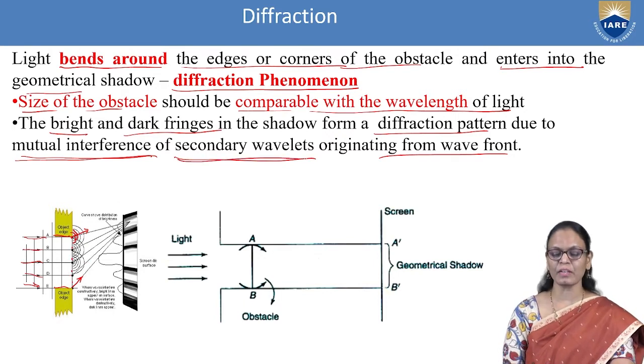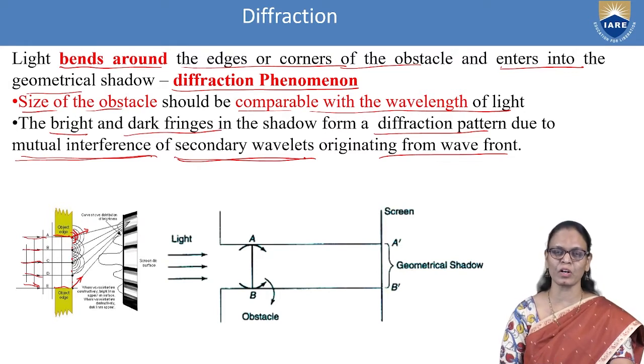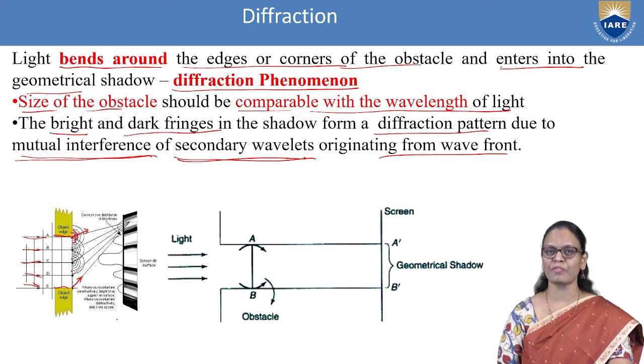And these secondary wavelets will now interfere with each other. Because of this interference, you have this type of pattern on the screen. So this is due to a combination of diffraction, that is the bending of the light, and after bending, the waves from the secondary wavelets interfere and we get the diffraction pattern.